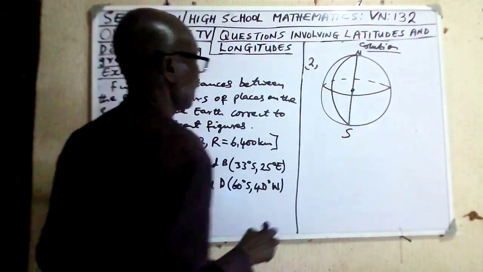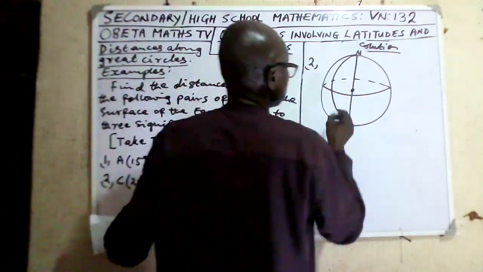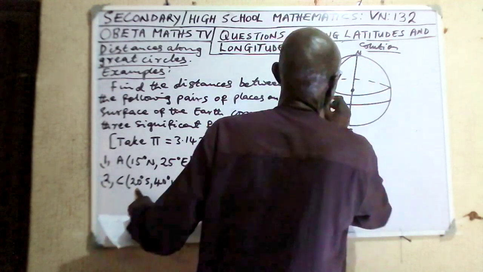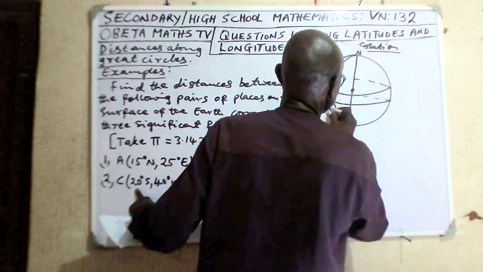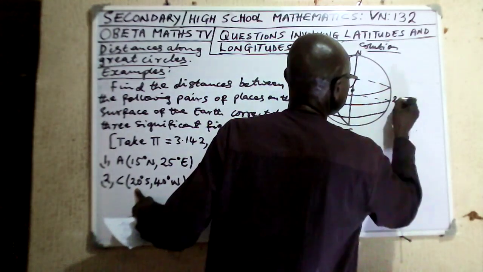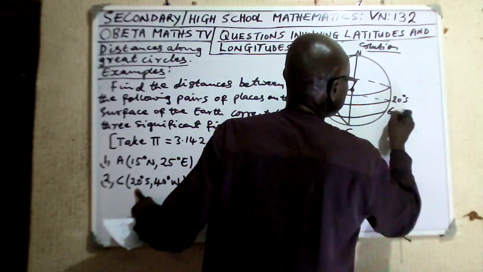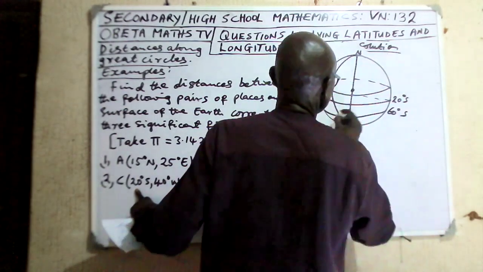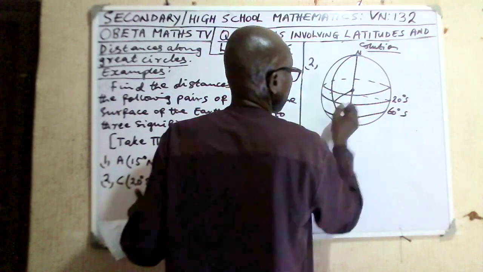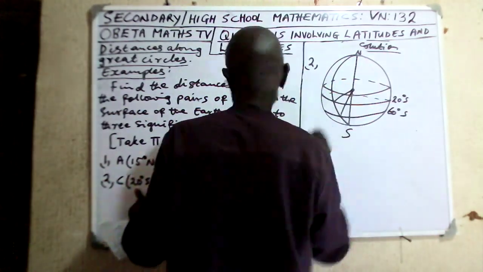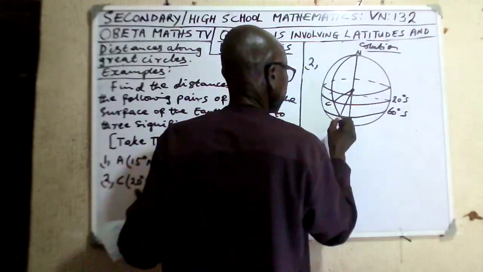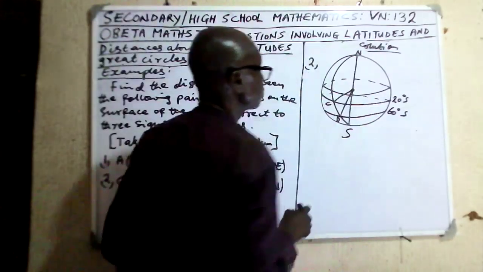Then 20 degrees south, that should be here, and 60 degrees south. So that will give us C and D.